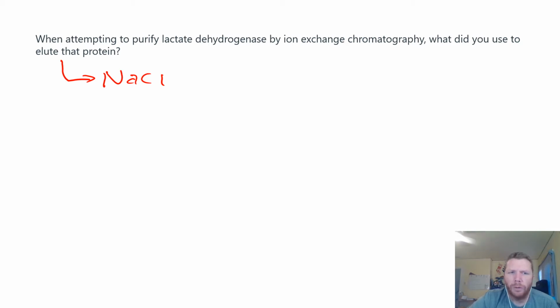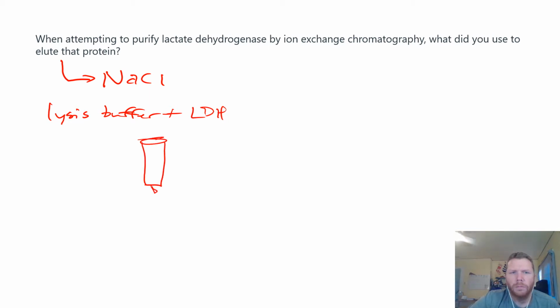So we loaded our protein with a lysis buffer, and that basically had a negligible, that's the word I was looking for, amount of NaCl. And so what we did was we had buffer plus LDH, lactate dehydrogenase, and we washed that over our column.